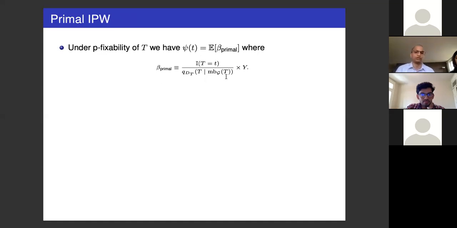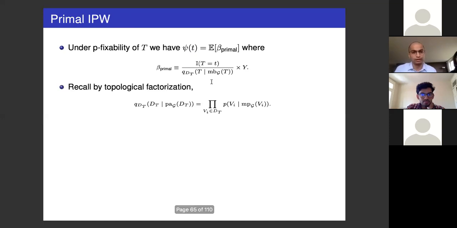However, it's not very useful to tell you that this is some propensity score obtained from a post-intervention distribution. We need to tell you how you can actually identify this from observed data, right? So recall by the topological factorization that this kernel of the district of T given its parents is actually a product of ordinary conditional factors of each vertex in the district given its Markov pillow. So that's what this is.